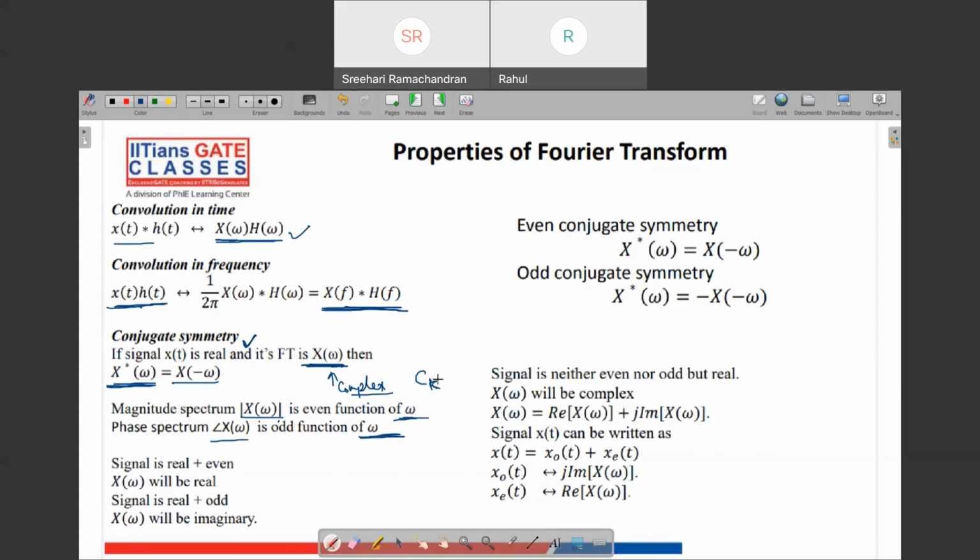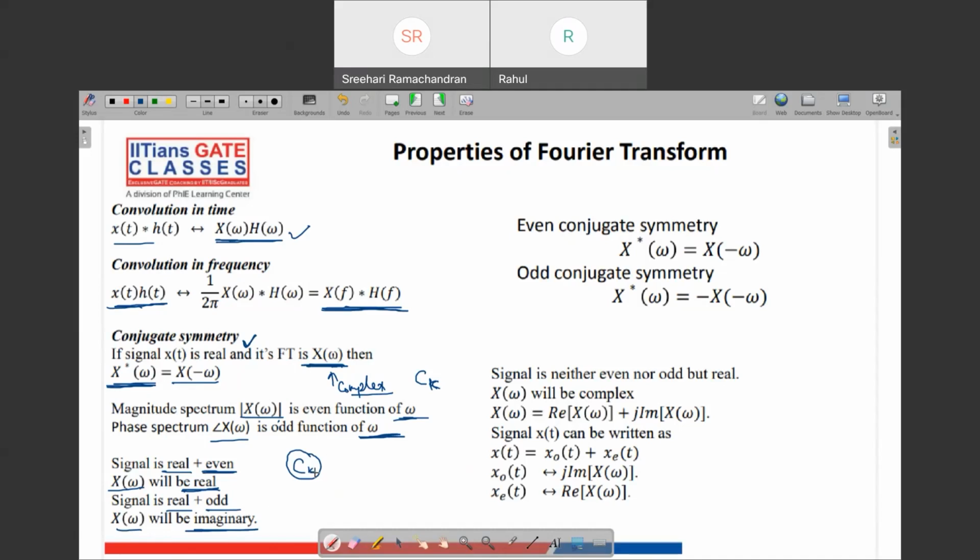Now let's add some flavor here. Let's say we have a signal which is real as well as even. In the Fourier series, c k was perfectly real. In this case, X of omega will be real. There won't be any imaginary part. Now if the signal is real plus odd, in that case X of omega will be perfectly imaginary. There won't be any real part.